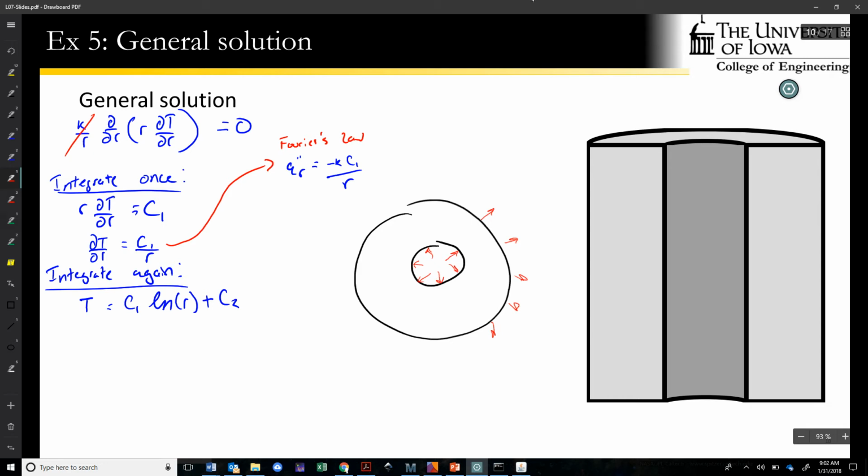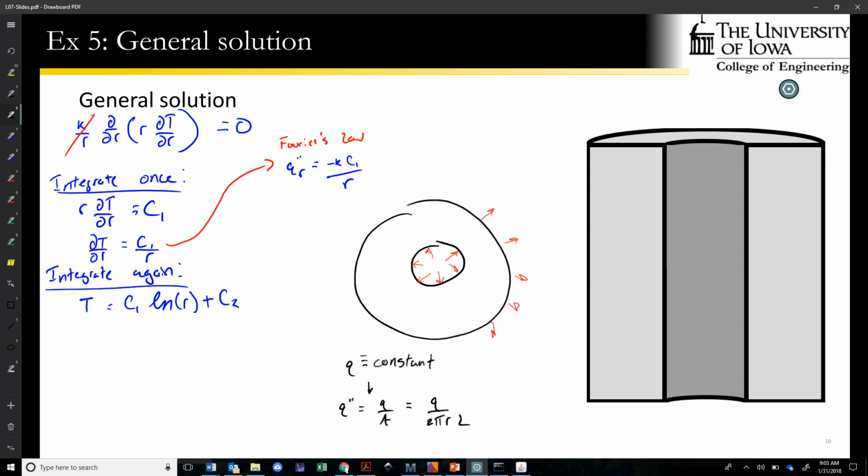Meaning that if Q is equal to essentially a constant, where Q is the net heat rate, then the heat flux, or heat rate per unit area, q double prime has to equal Q over A, which would be Q over, in this case, 2 pi times the local radius times the height of that slice. So right here, we can see where we pick up that r term.